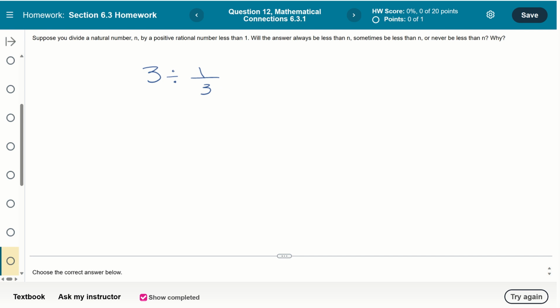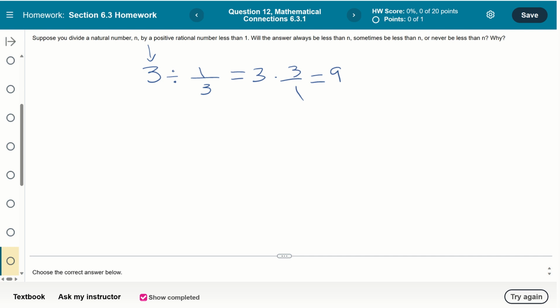So we want to know if this is going to be less than the original number n. So here our original number n is 3, sometimes less than, always less than, or never less than. Well, let's see. That means 3 times 3 over 1, which is 9. So our inclination is to say what? It'll never be less than, right?